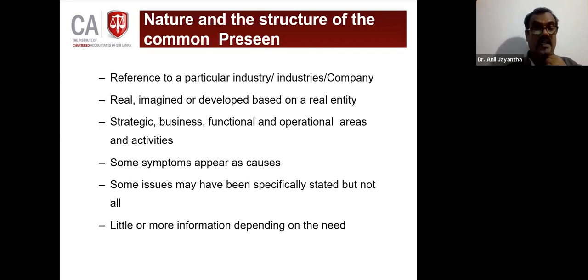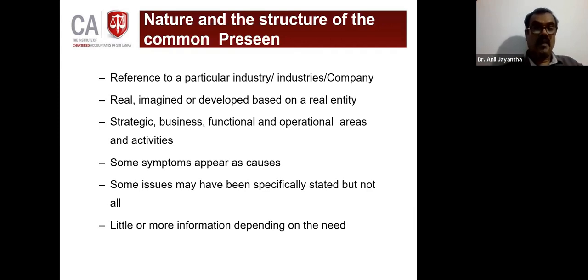To a great extent, the pre-seens we get are developed based on a real case, or a slightly modified real situation is given as the pre-seen. Then you would be able to collect some additional information and facts with respect to that particular pre-seen. Even similar stories may be found on the internet.